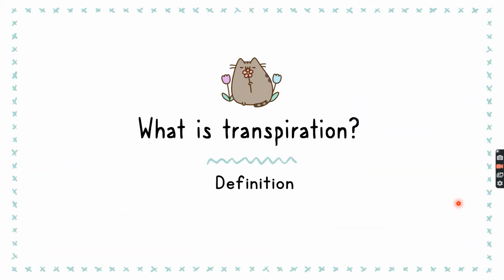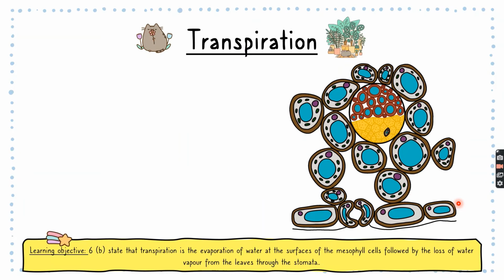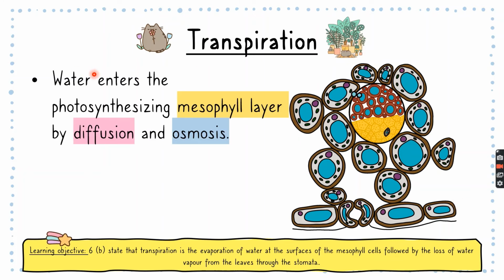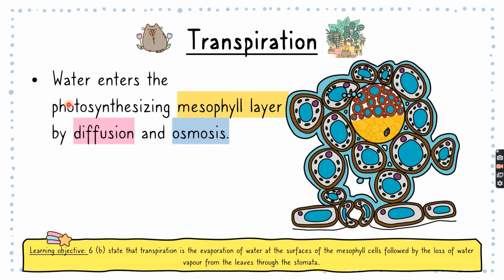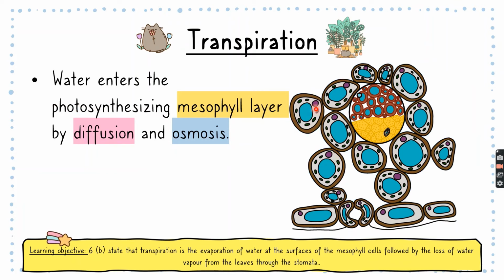So now we're finally going to move on to what is transpiration and how it causes that transpiration pull. So we start off by knowing the fact that water can enter the leaf first. Water mainly enters the photosynthesizing layer of the leaf called the mesophyll layer.